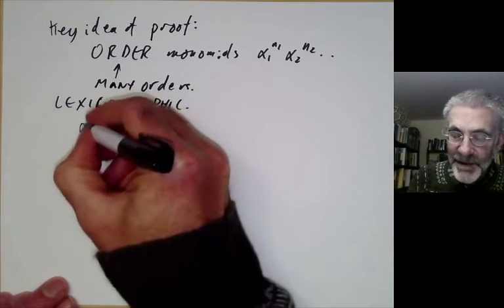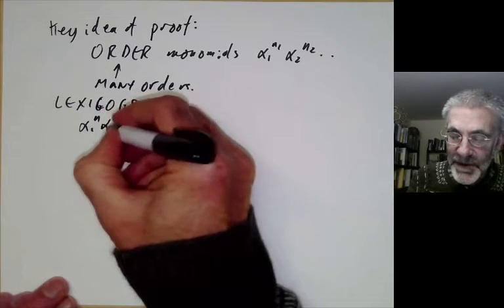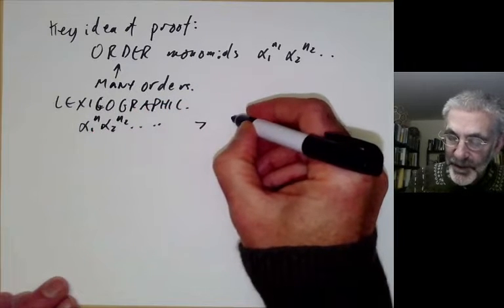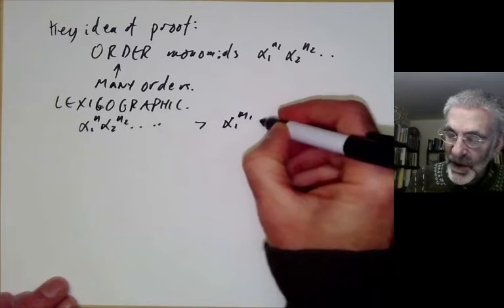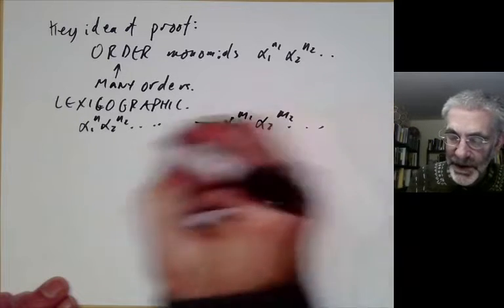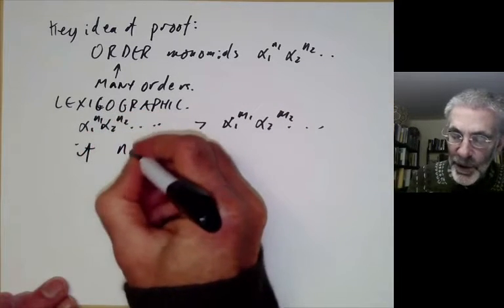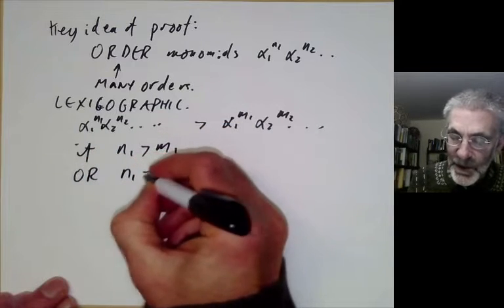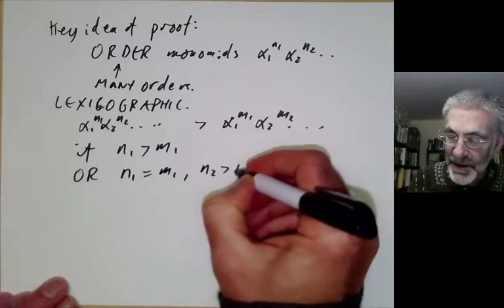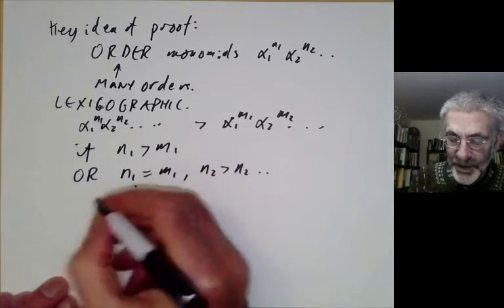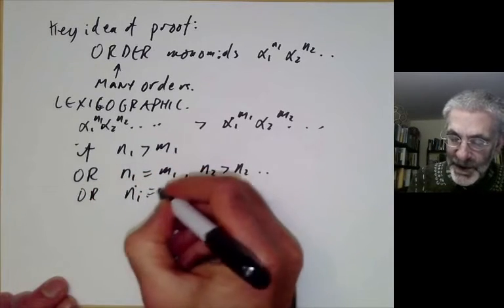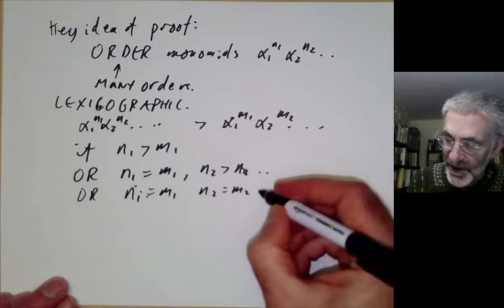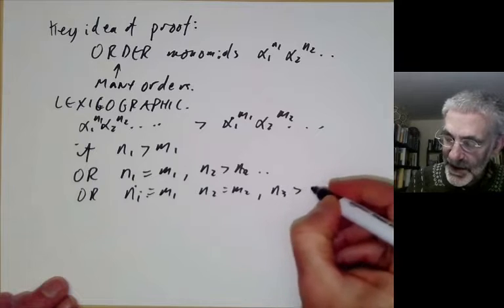Where we say alpha 1 to the n1, alpha 2 to the n2 and so on is going to be greater than alpha 1 to the m1, alpha 2 to the m2 and so on if n1 is greater than m1, or n1 equals m1 and n2 is greater than m2, or n1 equals m1, n2 equals m2, and n3 is greater than m3 and so on.